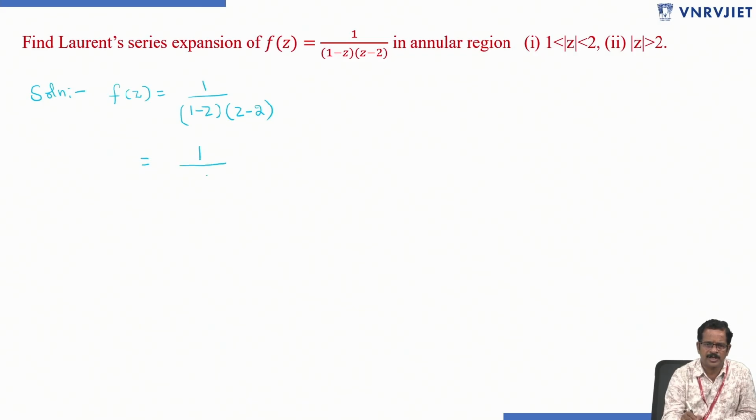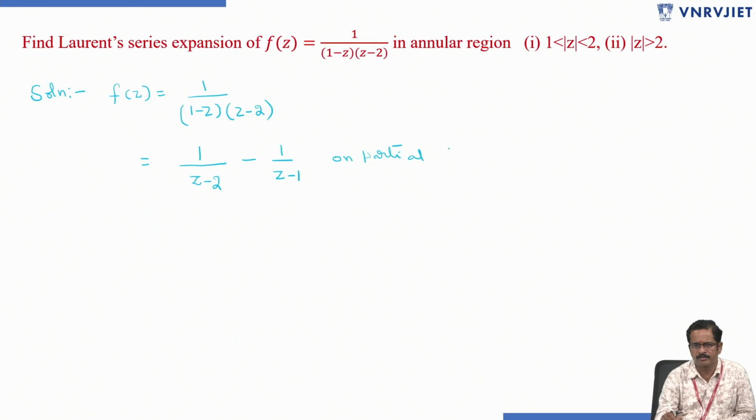When I apply partial fractions, this becomes 1 by (z minus 2) minus 1 by (z minus 1).